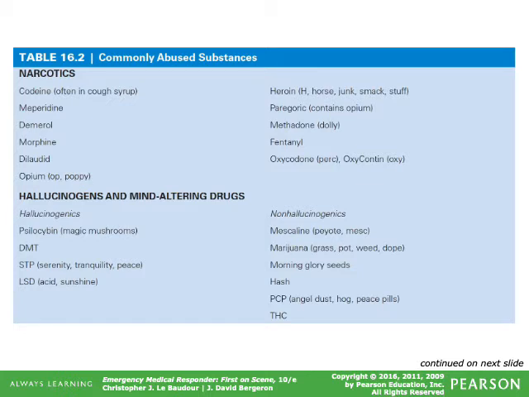Non-hallucinogenics, these are going to include mescaline or peyote. Marijuana, street names are grass, pot, weed, or dope. You've got morning glory seeds, hash, PCP, also known as angel dust, hog, or peace pills, THC.